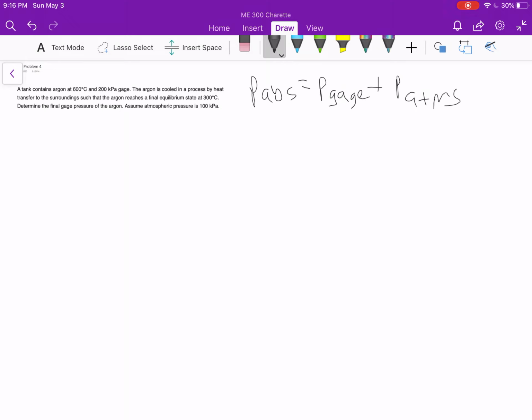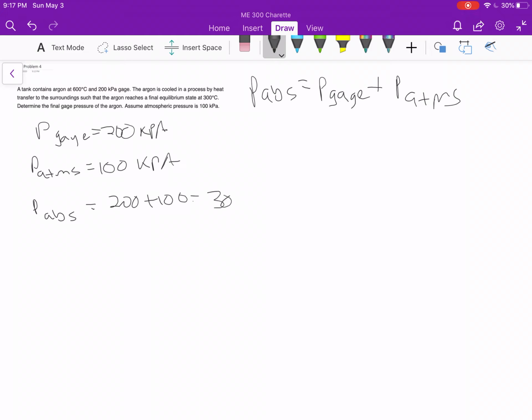Now, first, we know that our gauge pressure is 200 kilopascals, and our atmospheric pressure is 100 kilopascals. Therefore, our absolute pressure is going to equal 200 plus 100 equals 300 kilopascals.